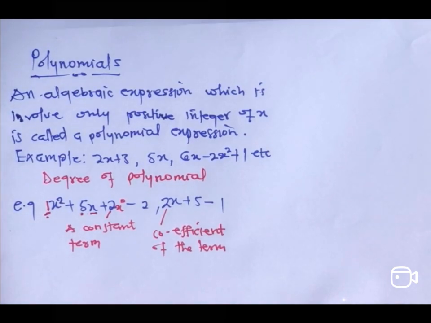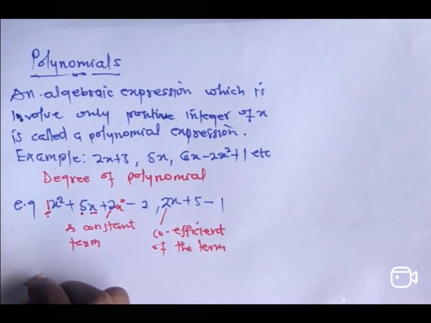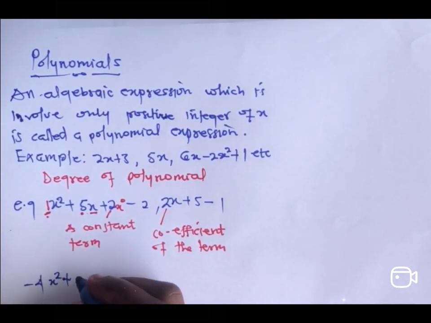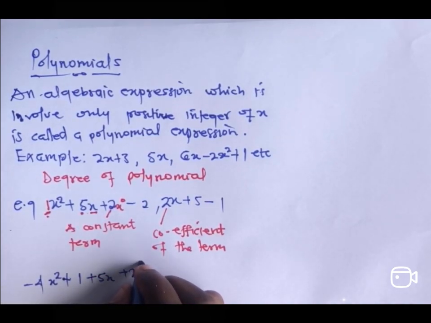In general, a polynomial is written in descending order of exponents of the variable. So it should be in what? Descending order. Let's say I have 4x squared plus 1 plus 5x plus x cubed.